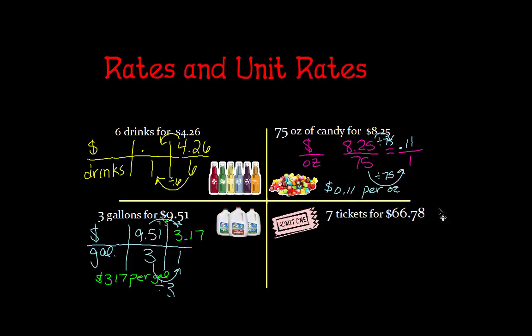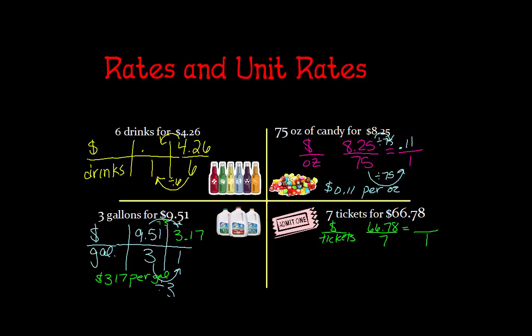Let's look at our final example. Write a rate and the unit rate for 7 tickets that cost $66.78. Pause your video. Once again, let's look at our categories. We have money and we have tickets. We paid $66.78 for 7 tickets, and I want to know how much I pay for 1 ticket.